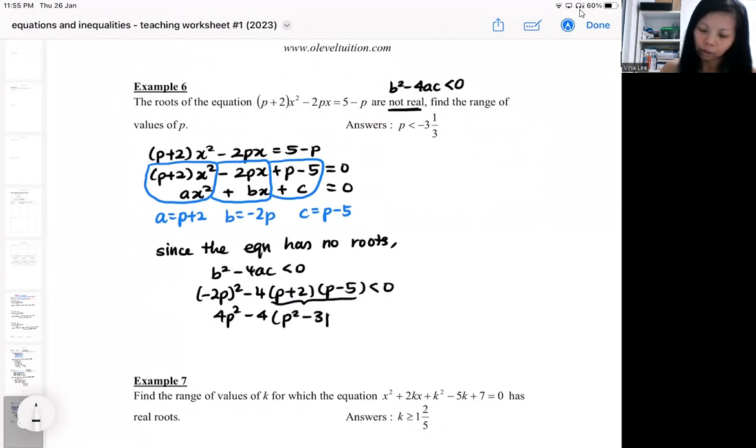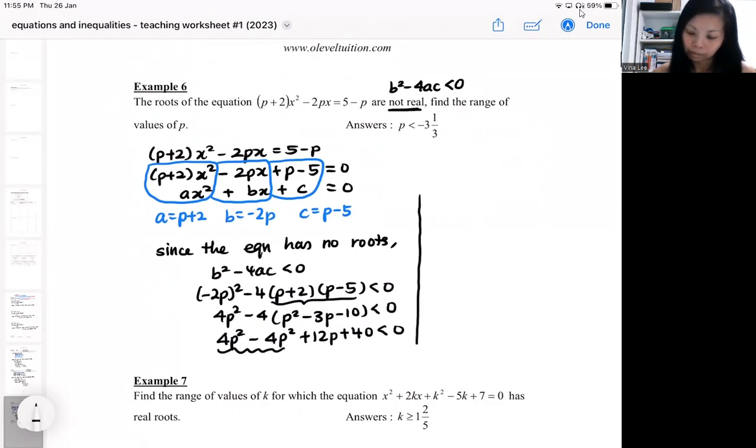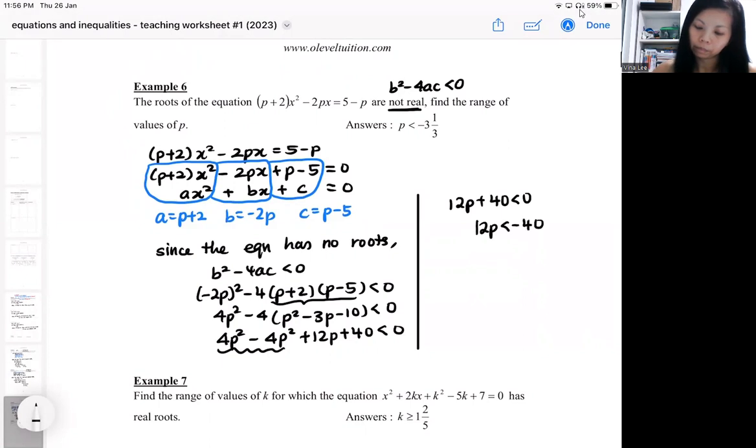In fact, you got to make sure that you got no careless mistake. And this part is cancelled off. You end up with 12p plus 4p less than 0. So that's how you get the answer.